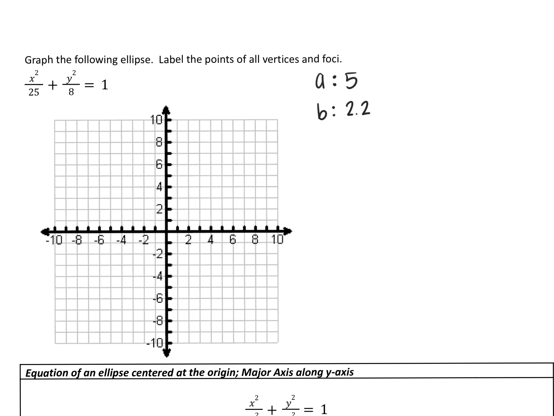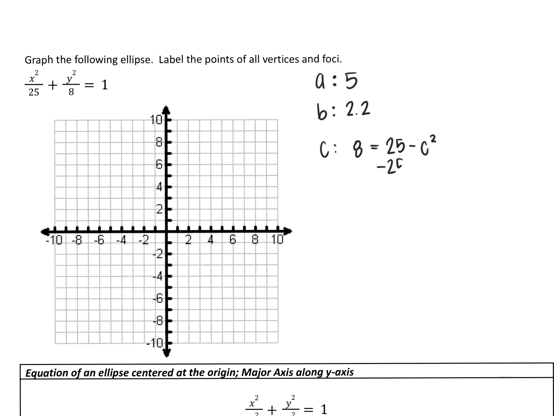And now we need to find c, so we need to find our foci. So we have that b squared, which we know is 8, equals a squared, which is 25, minus c squared.